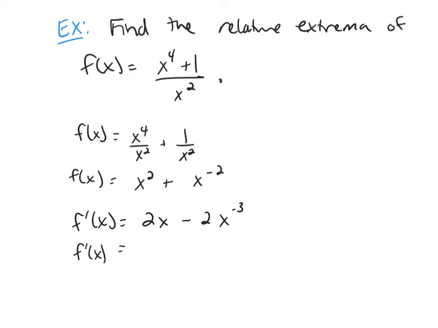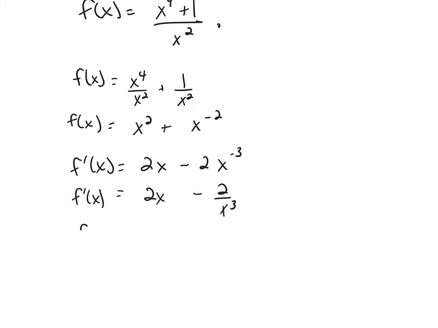So my derivative here, I can go ahead and get a common denominator. It would be x cubed, so this would be 2x to the fourth. You can even factor a 2 out of here.